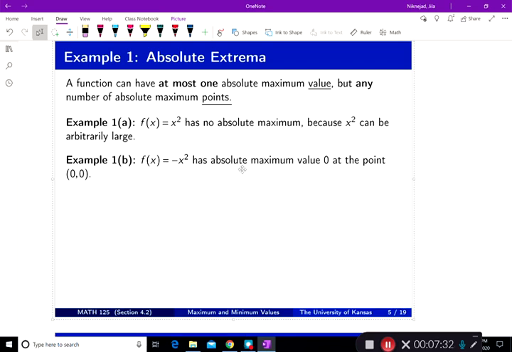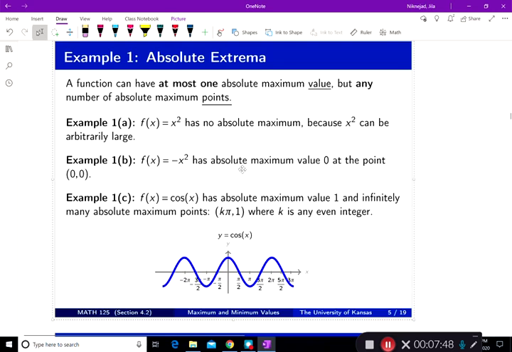f of x equal to negative x squared has absolute maximum value 0 at the point (0, 0), but it does not have an absolute minimum point. Now, another example. f of x equal to cosine of x has absolute maximum value 1, and there are infinitely many absolute maximum points, which is for any k pi and 1.